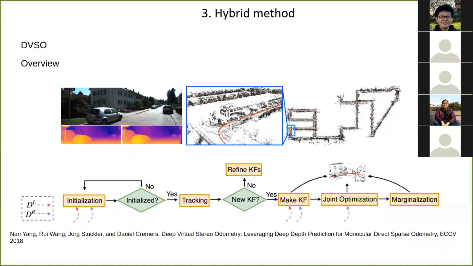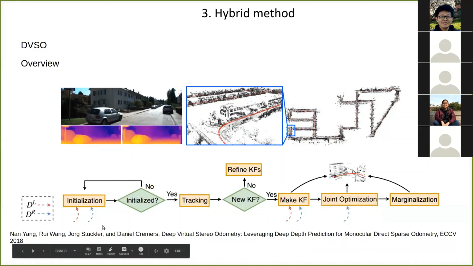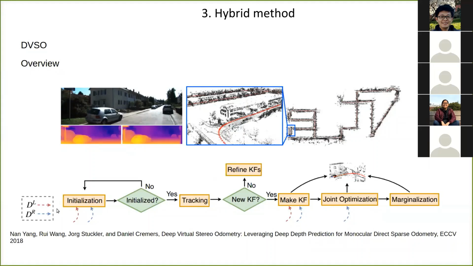Okay. So the overall method here is we actually input 2 stereo frames. They actually learn the stereo in training and test it with the monocular camera.